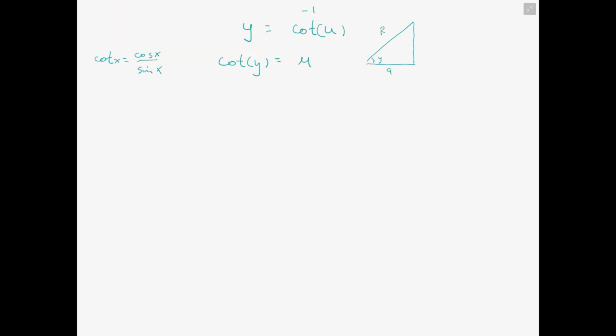So here we have A, R, B, and we have A on R over B on R. And these cancel, and we have A on B. And that is equal to u.